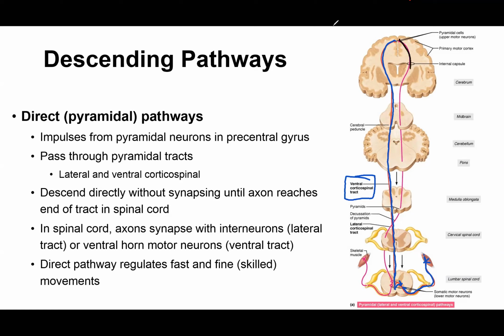It's going to travel down through the midbrain, the pons, down to the medulla, at which point it's going to reach the cervical spinal cord. And this is the area where it's going to cross over and start going through.